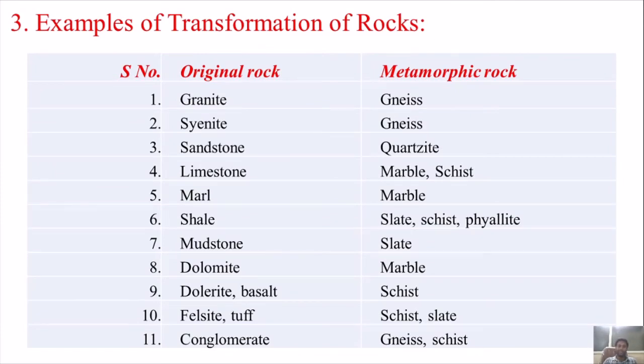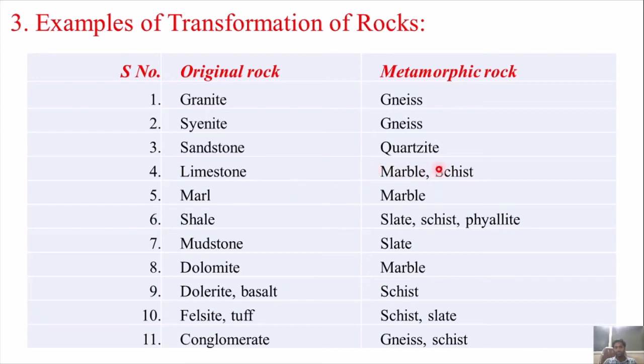See, the granite, which is an igneous rock, will form gneiss in metamorphic rock. Syenite again will form gneiss. Sandstone is generally a sedimentary rock which forms quartzite. Limestone is originally a sedimentary rock which forms marble or schist due to external atmospheric agencies like heat, water, temperature and all.